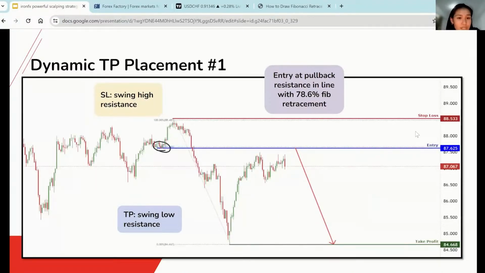Okay, dynamic take profit placement. These are more about where to place your take profit levels instead of finding confluence levels. For this technique, you don't use a fixed take profit or stop loss level, which means you won't always place your take profit 100 pips above your entry just because a forum tells you to.